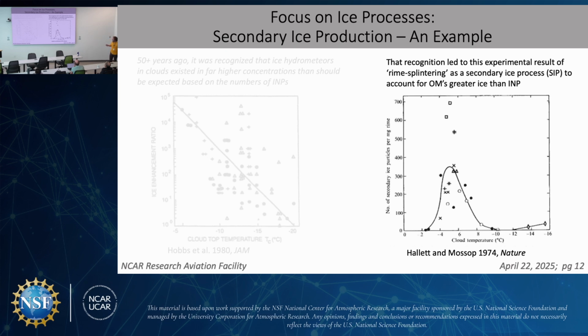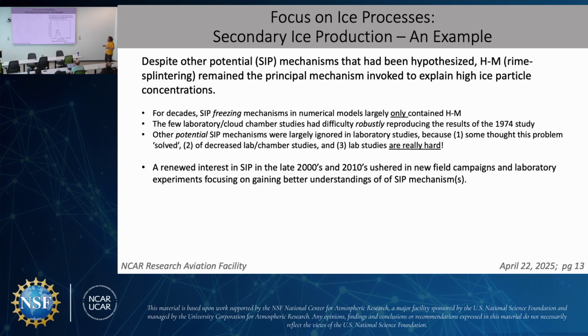This came from their 1974 paper that showed if you have a graupel particle falling through a field of cloud droplets that have certain characteristics within a certain temperature range, you can produce a lot of splinters, something like 300 to 400 splinters per milligram of rime that you get on this graupel particle. And everybody was like, oh, this is wonderful, right? This is happening at warm temperatures, so we don't have to be very cold. All of a sudden, we can start generating all of this ice that we had no other way to explain.